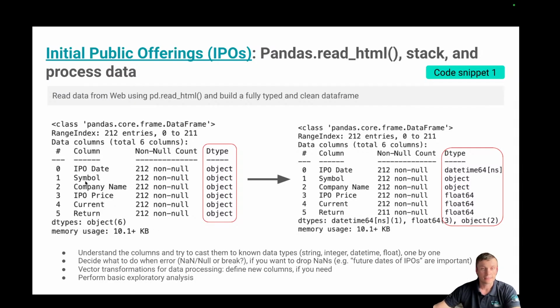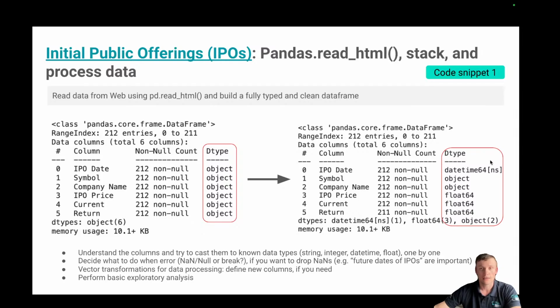The idea here is that when you scrape the data from the internet, and I use pd.read_html, you will get a data frame like this. The types are not defined, and this is not the best solution for us. So we want to check that all data types are of specific well-known types, and we want to add additional checks on the quality of the data. So we will try to convert all of these types to some standard types.